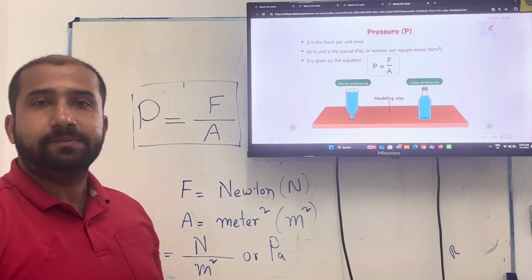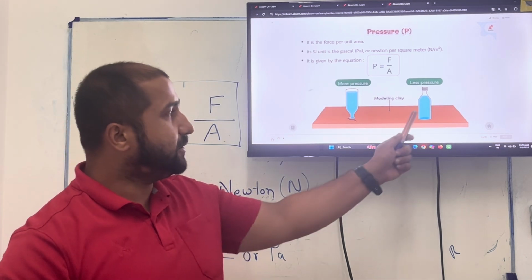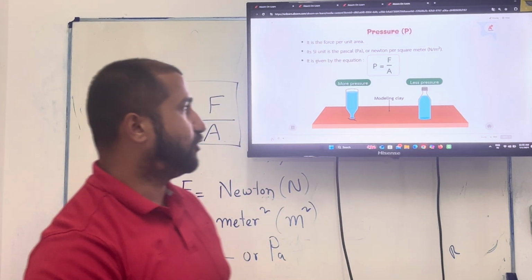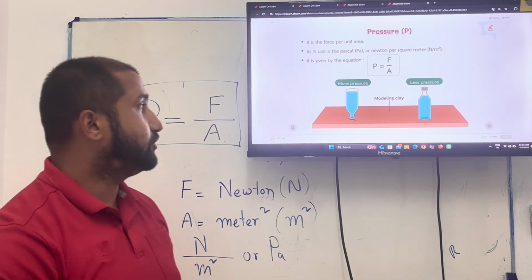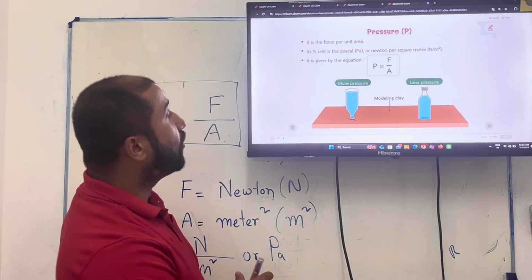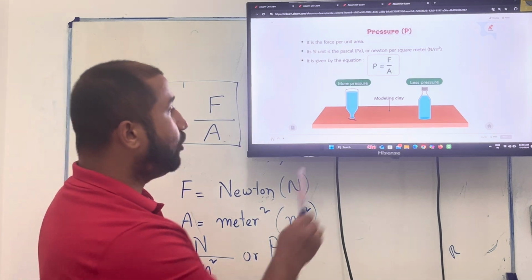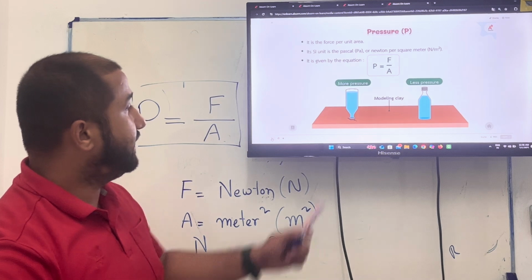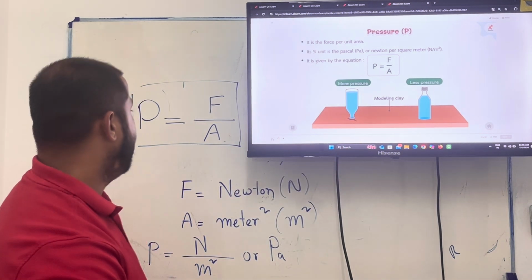In one picture, the bottle is upside down, and in the other picture, the bottle is in a normal stance. There is a molding clay. So as you can see, the upside down bottle has more pressure exerted on the clay. Why? Because the area of the bottle is very less, but the weight is the same.